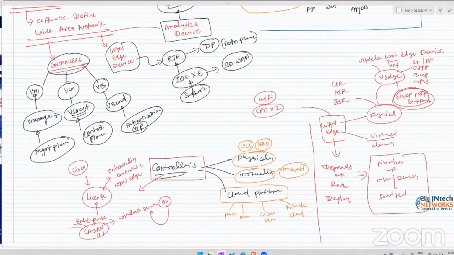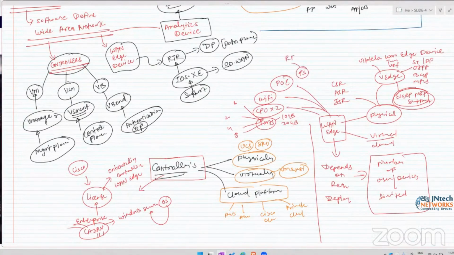Clear? Some vEdge devices have extra ports with 10 GB, 20 GB. Clear? With extra ports 2, 4, 6, 8. Some vEdge devices support PoE. Clear? Now, some vEdge devices have an extra power supply for redundancy, RPS, the redundant power supply concept.